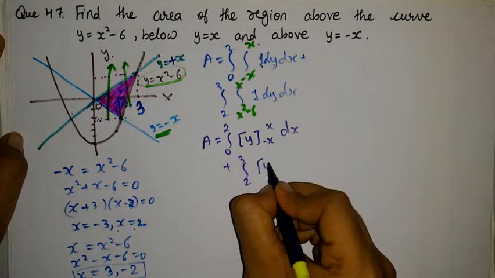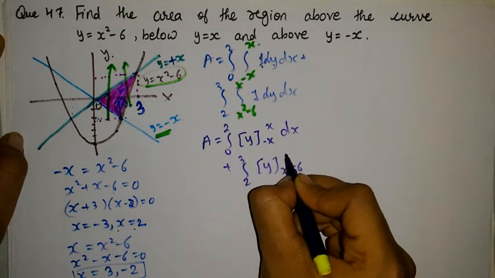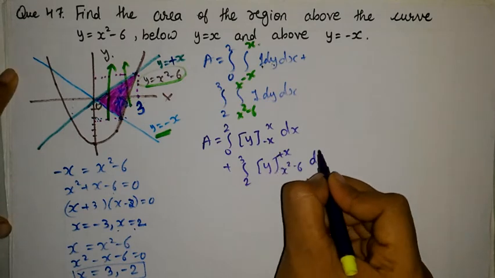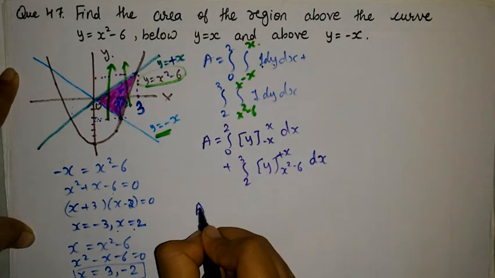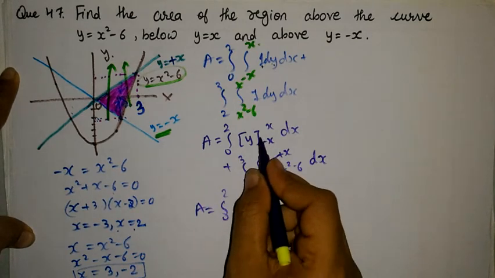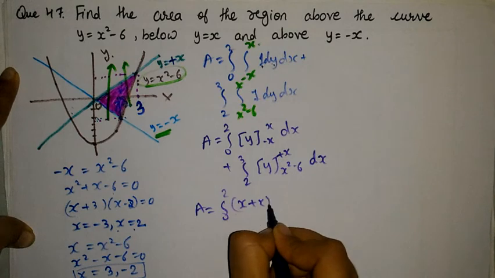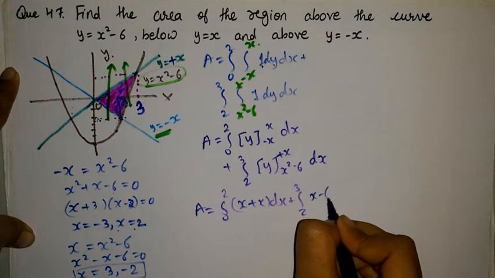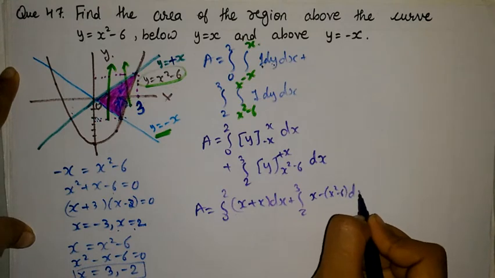Similarly here also y, its limits are from x square minus 6 to x dx. So area is equal to, now put the limit, we get upper limit minus lower limit, x minus minus x into dx, plus this is 2 to 3, upper limit x minus lower limit into dx.